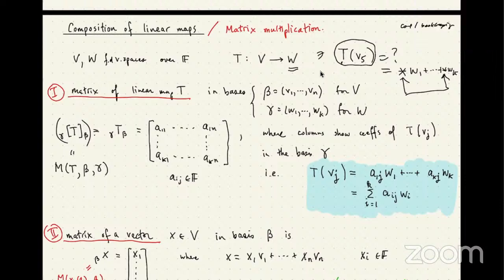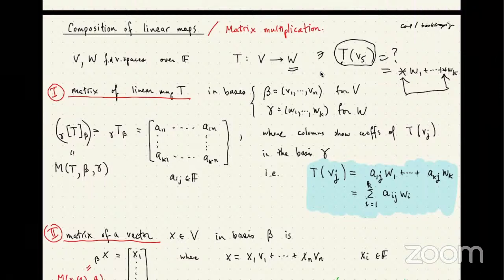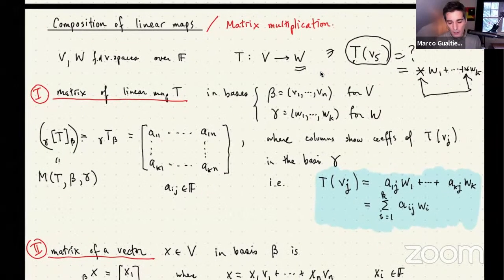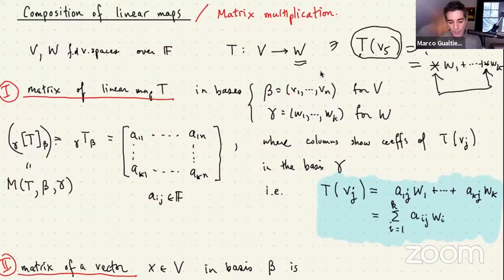Yes, I get that. So T of v5 is something in W, and everything else is something in gamma. So the matrix is gamma about gamma. Can you see what I'm writing? Do you see that beta is the basis for V and gamma is the basis for W?